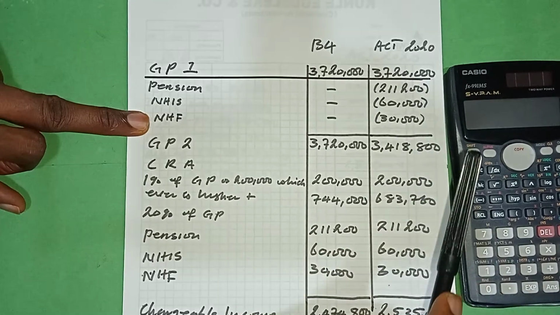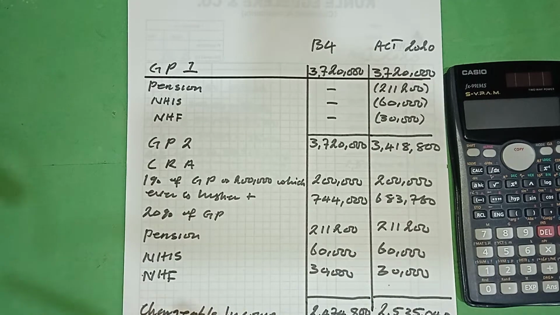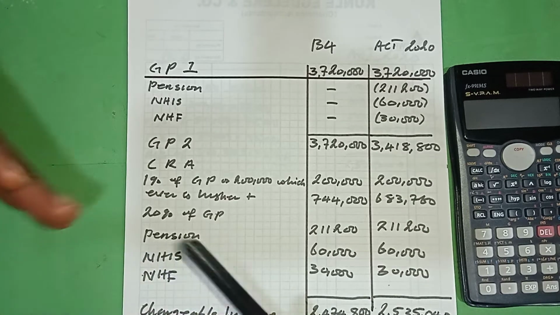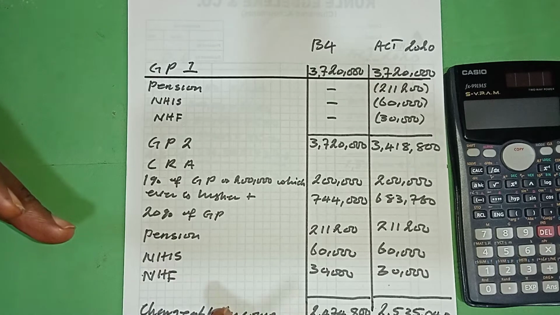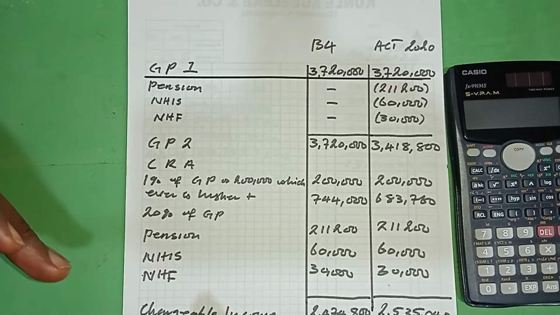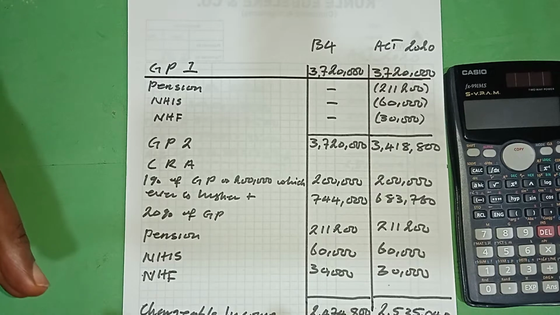This is the amendment, by deducting the tax exemption first from the gross pay. That will lead to what? Gross pay 2, on which they will now relieve the consolidated relief allowance.